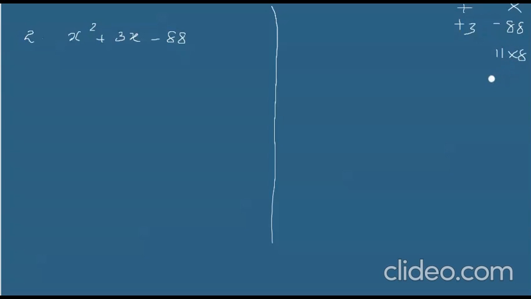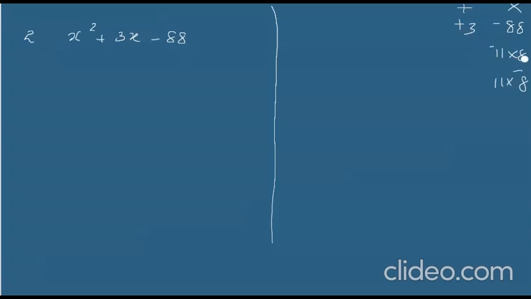Yeah, in between, 11 into 8 you can write. But remember, here we need a negative sign, so one of the numbers must be negative. So I can write either negative 11 into 8, that is negative 88, or 11 into negative 8, that is also negative 88. Now tell me which set we need, because on addition we should get positive 3.